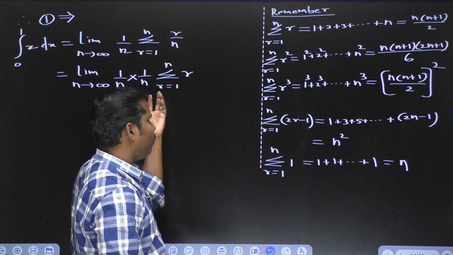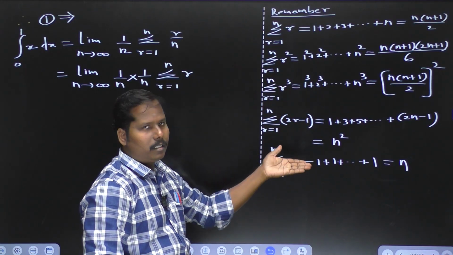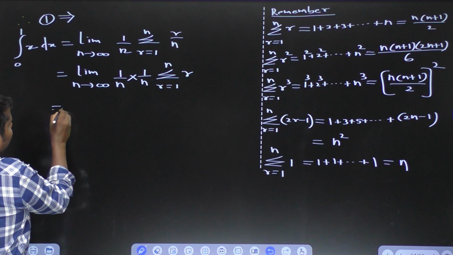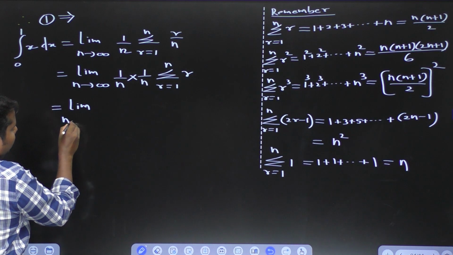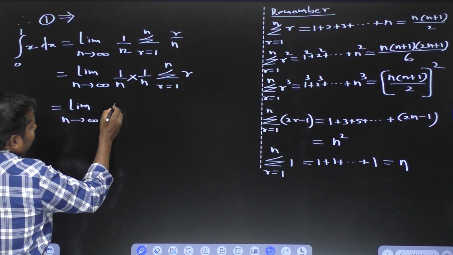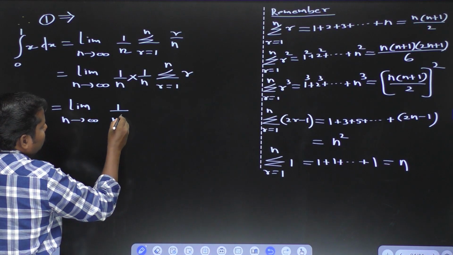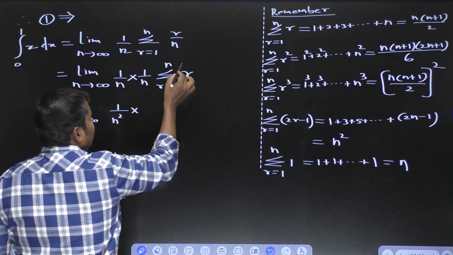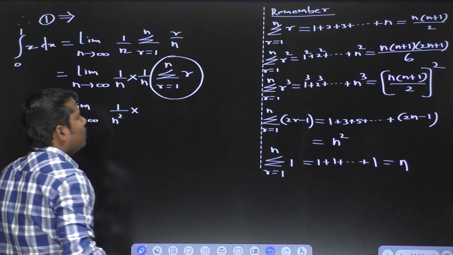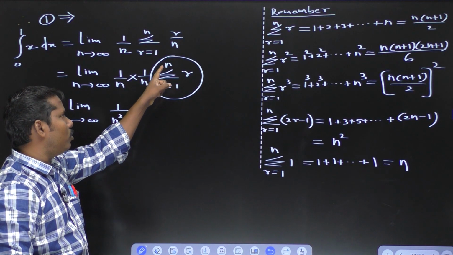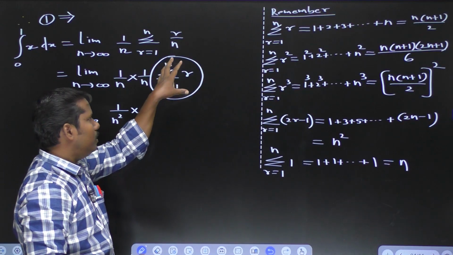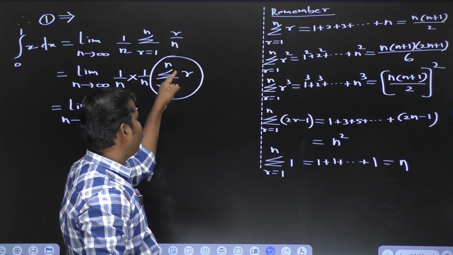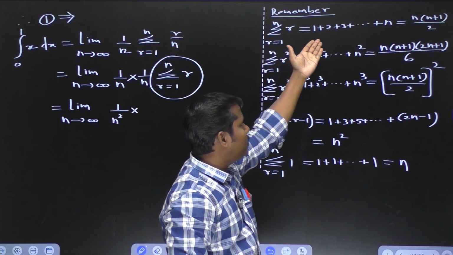At any stage of the problem, you will be required these results. Okay, let us get back to the original problem. This is nothing but limit n tending to infinity 1 into 1 by n squared into, students, have a look at this. Summation ranges over r from 1 to n, or this case matches with the first result. You see that first result, summation r equal to 1 to n, or the expanded form is this. What is the answer?